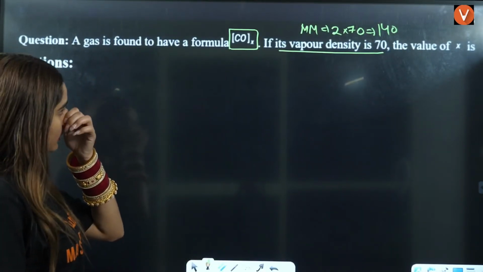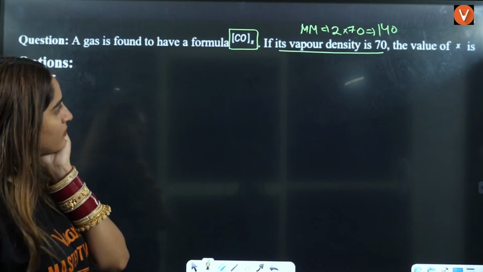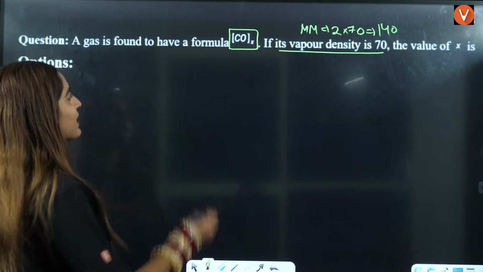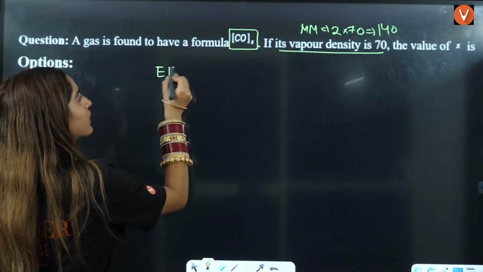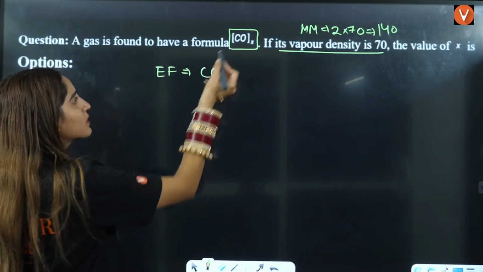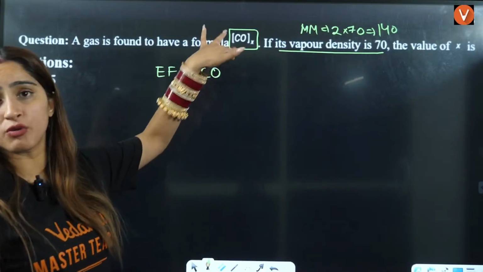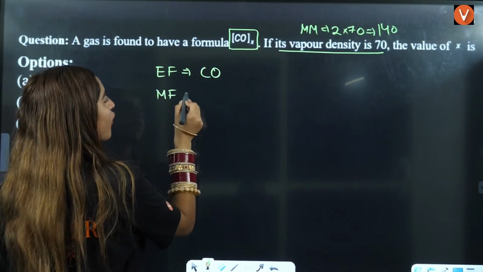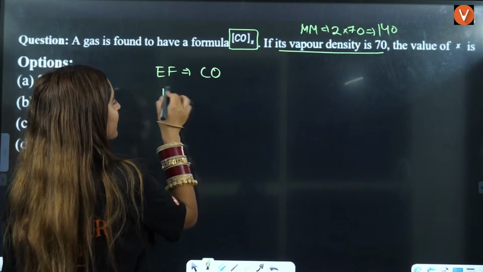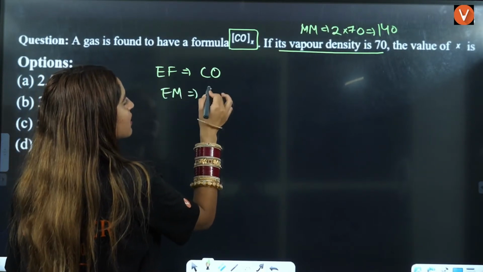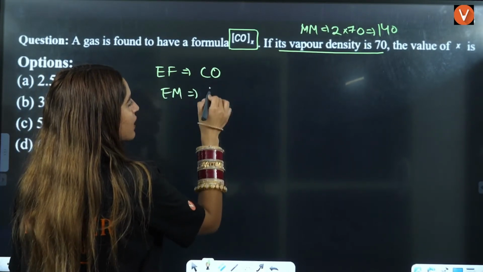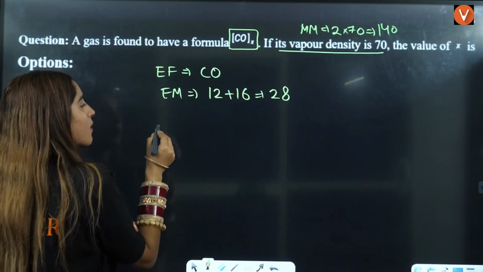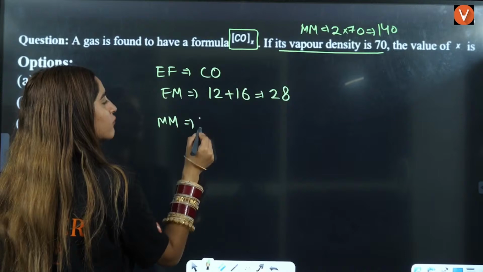Now, the value of X they are asking, molar mass is given to you. The empirical formula you can say is CO, because the simplest ratio is CO. The molecular formula is not given to you, but the empirical mass you can say is 12 plus 16, that is 28. Molar mass is given to be 140.